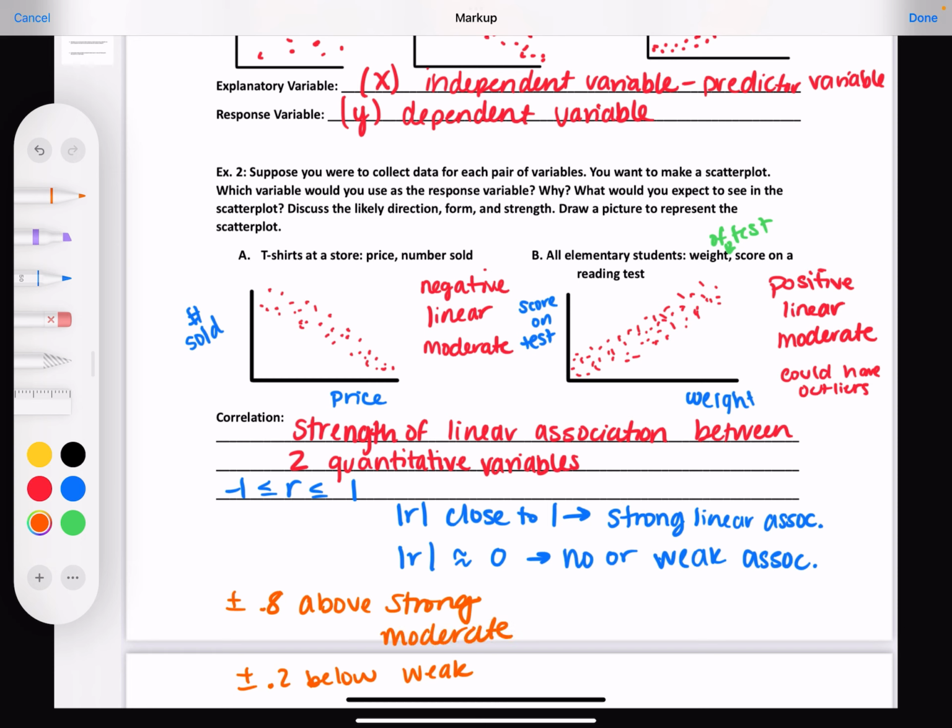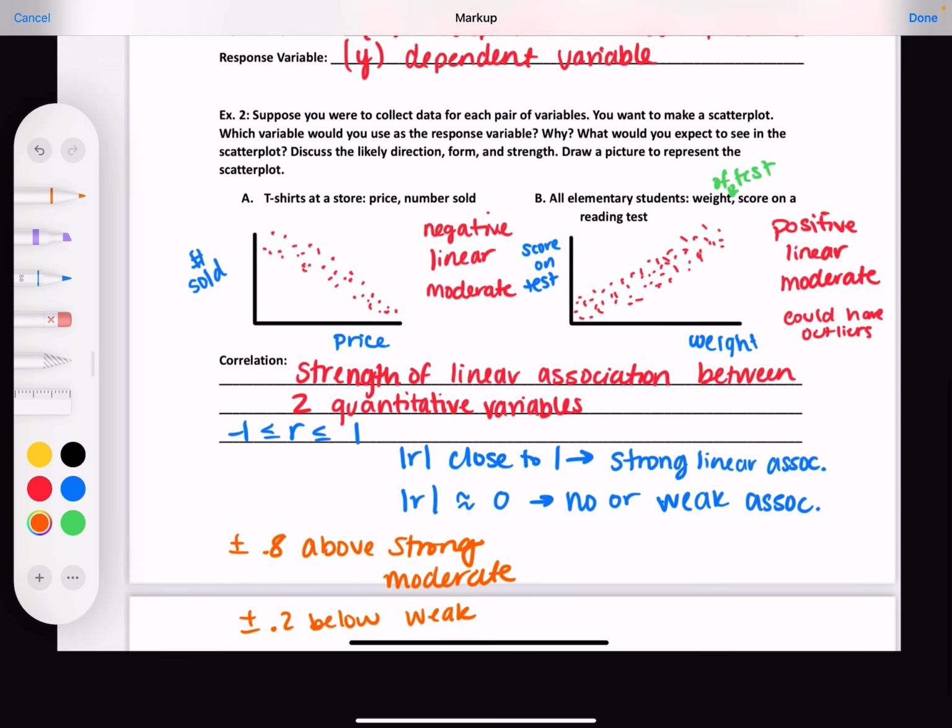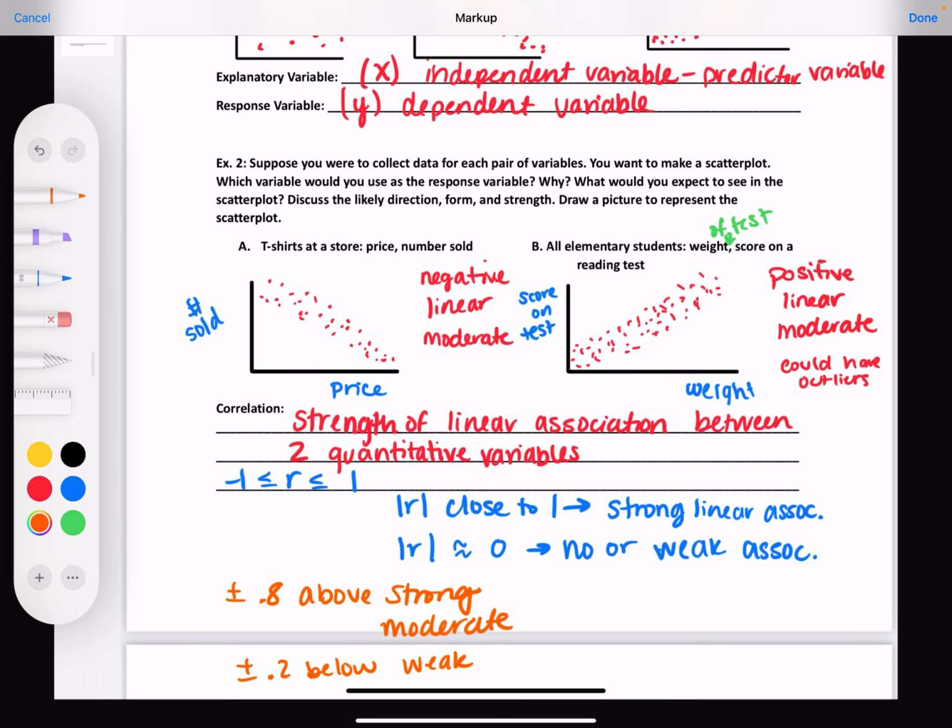And 0 is going to be no association. There's no written rule that says that has to be what it is, but that's typically how the book would describe it in those ranges. Now, if you get 0.75 and you tell me it's strong, I'm not going to take off for that. But that's a good rule of thumb to go off of.